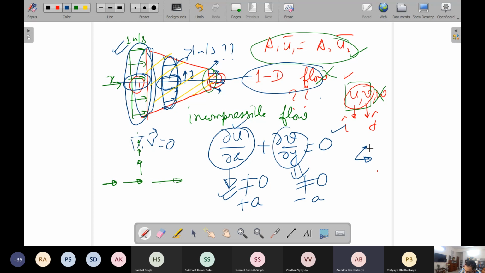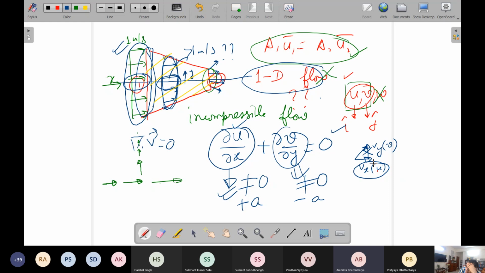Whatever is the vector, you can decompose it into some vx and vy, or u and v. Out of that, the vy will not contribute to the flow rate because it is perpendicular to the area, and perpendicular to the area means its vector and the area vector dot product is 0. Whereas only the x component will matter in the flow calculation.